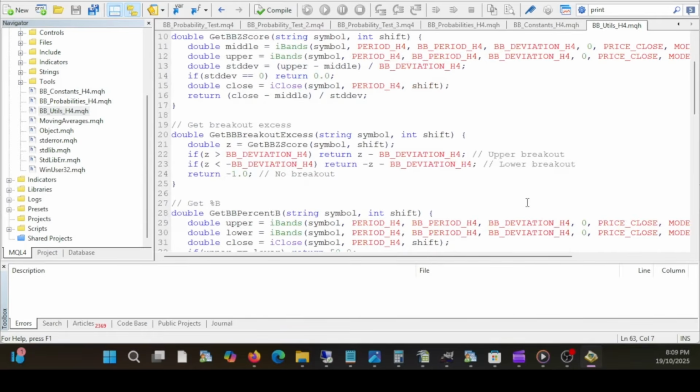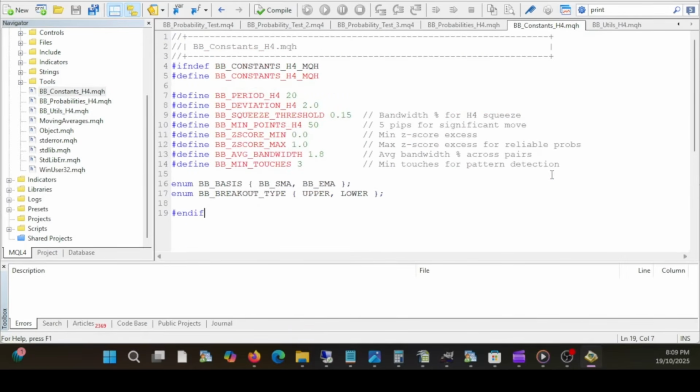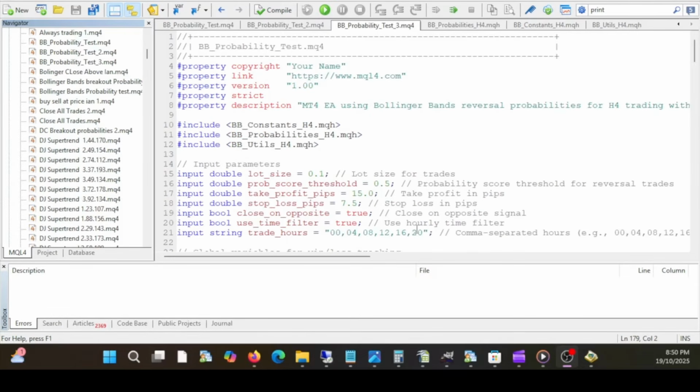Our file BB constants contains settings like BB min touches equals 3 and BB squeeze threshold equals 0.15. In the EA, we include these files and use rev score greater than 0.5 for reversal trades. There is no optimization, as the equations are data derived.